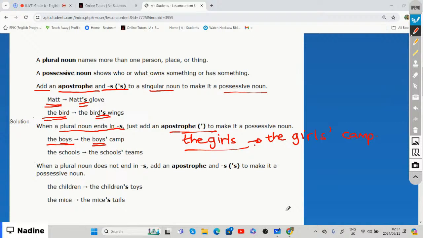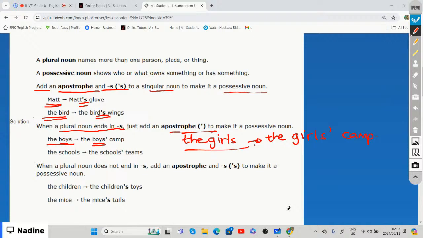And when we say children or mice, and we want to refer to something about the children, like giving something to the children, we say the children's toys, because now it shows that it is their toys. And for the mice, if we're referring to the tail of the mouse, then we can say the mice's tail.